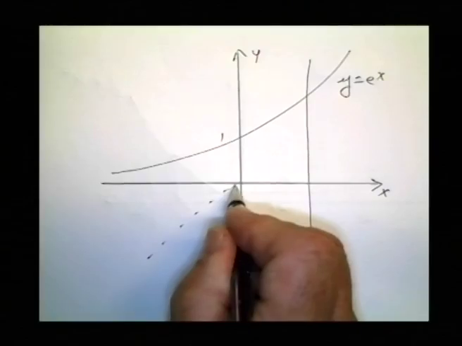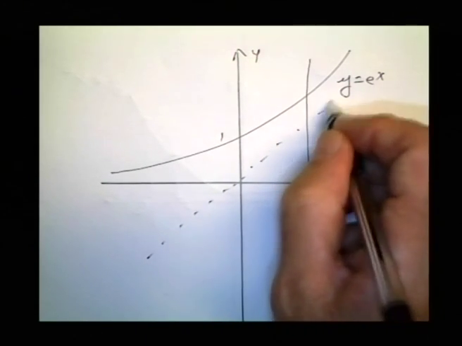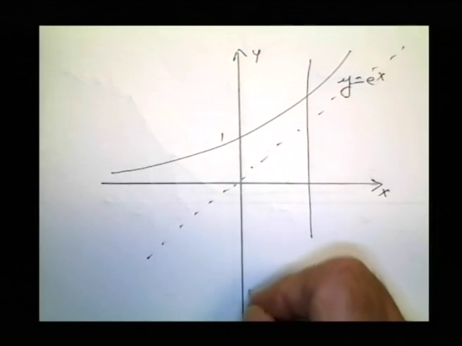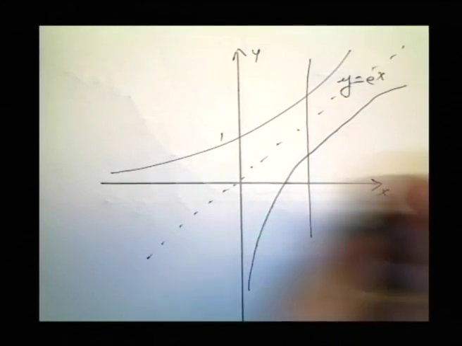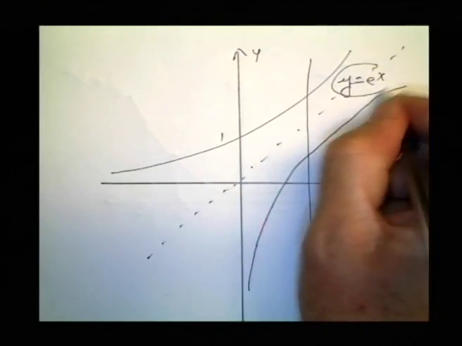Now, what we did a minute ago is speak about y equals e to the x, and that clearly is a function. For one value of x, there's one value of y. If I put in the line y equals x, and I drew the reflection in the line y equals x, I found out this is y equals e to the x.